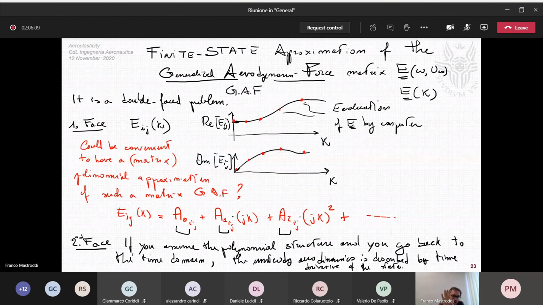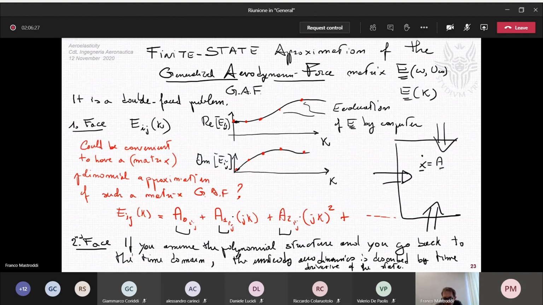And this is the main strategy for describing the aeroelasticity in the state space form only, and therefore do the control, because any controller guy needs to describe the system in this form.